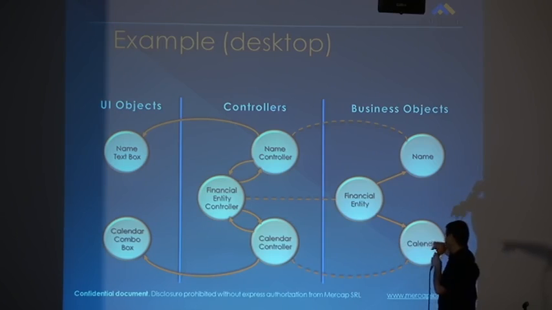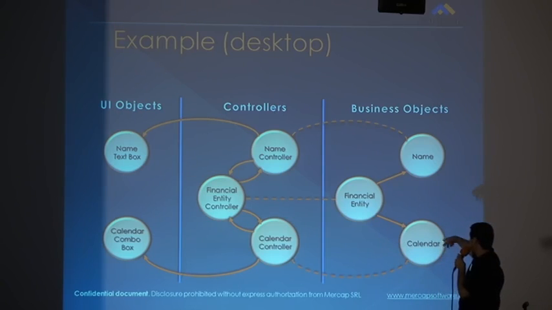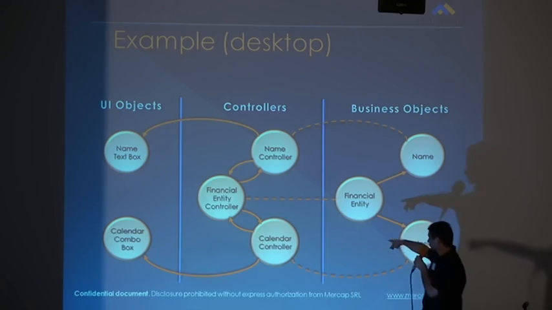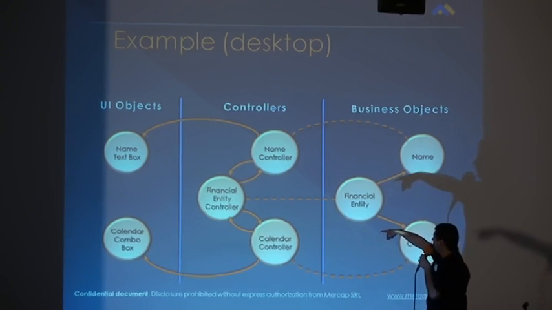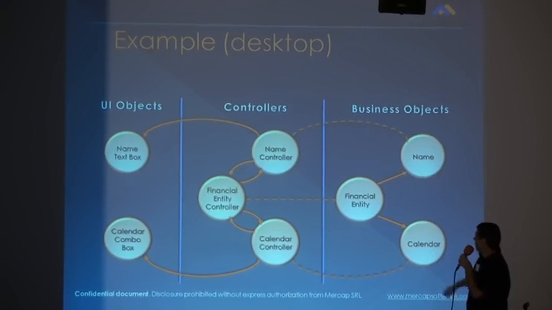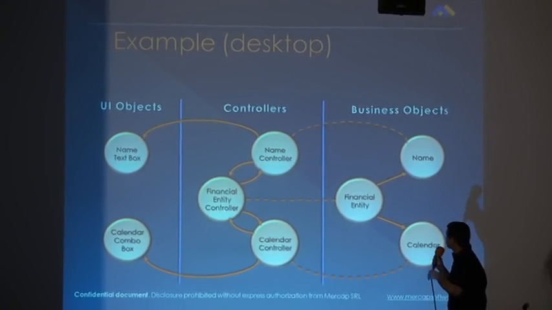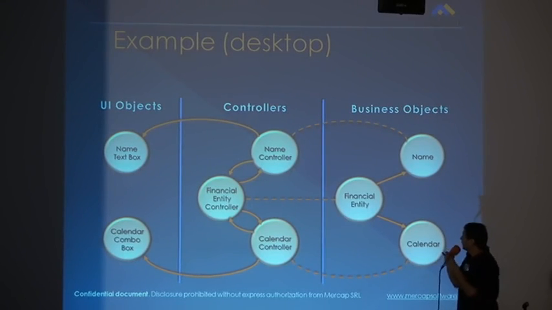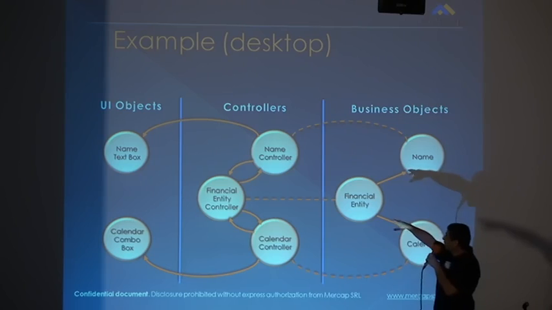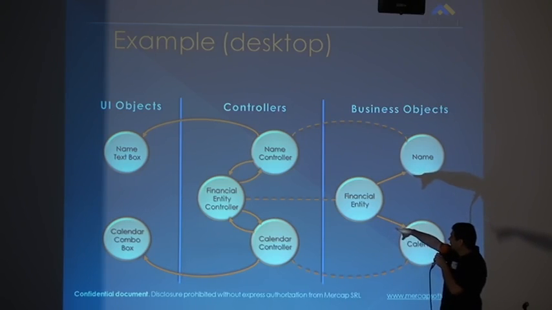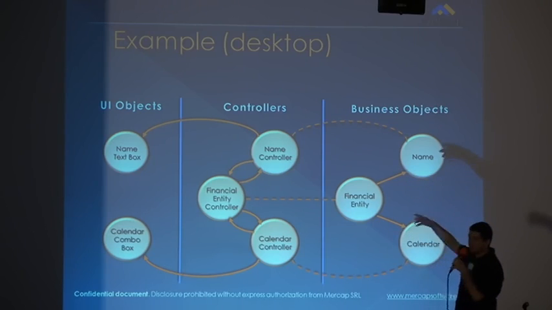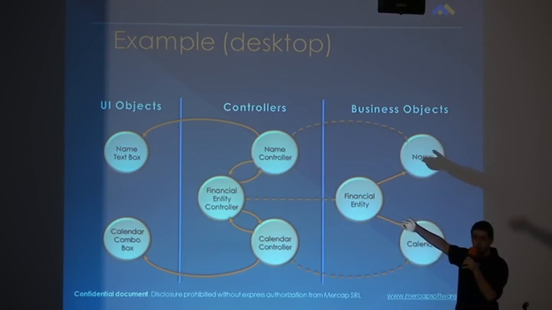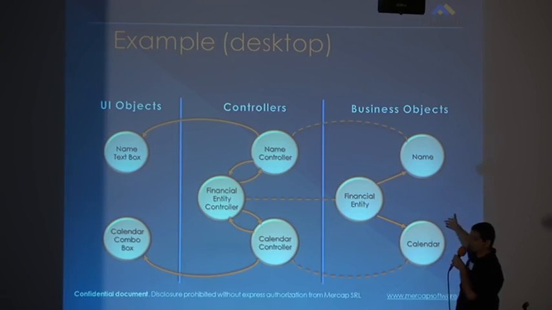The calendar controller will select the calendar, and we have a controller of a higher level for the financial entity. As you can see, there is a one-to-one relationship between controllers and business objects.